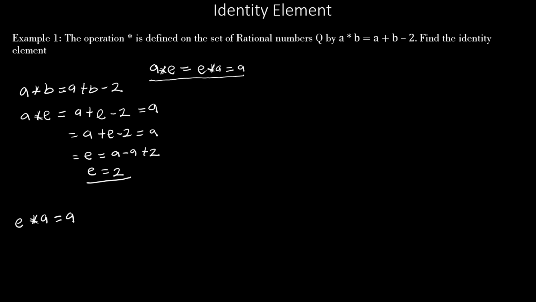So here we have e plus a minus 2 equal to what? a. And we have here also that e equals a minus a plus 2, and we have e equal to 2. So these two answers agree, so we have our e to be 2 in both cases. Therefore we can say that 2 is the identity element for this operation.